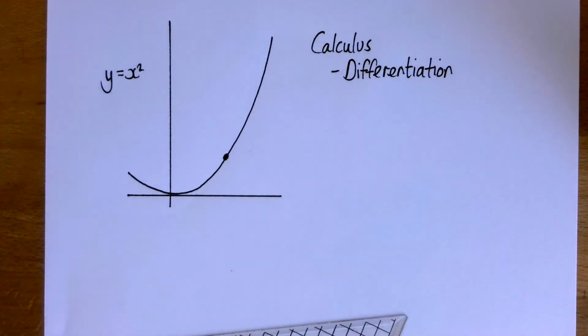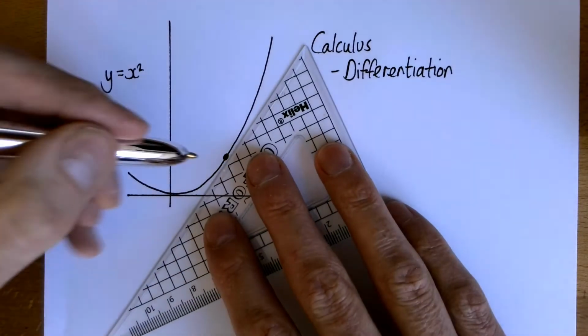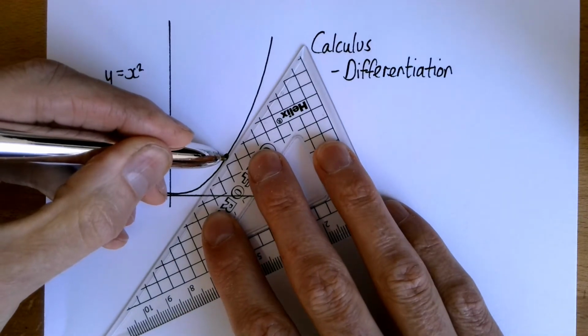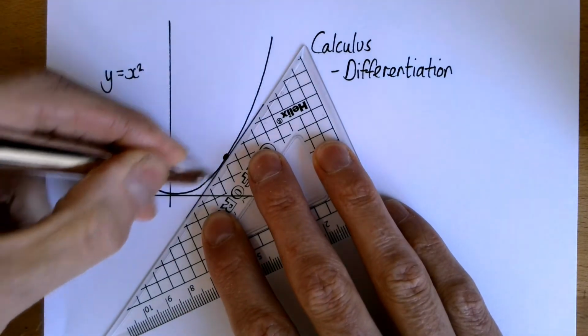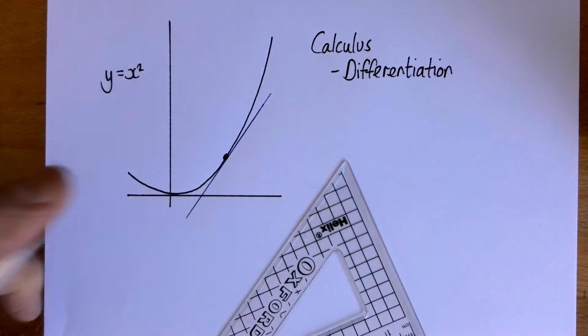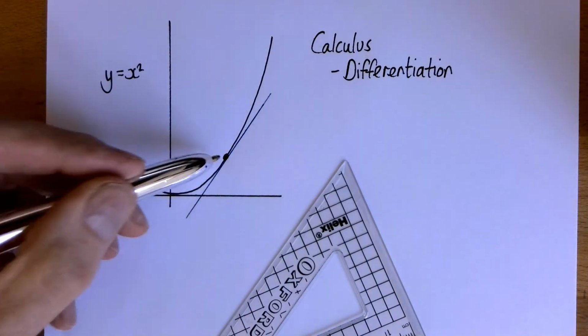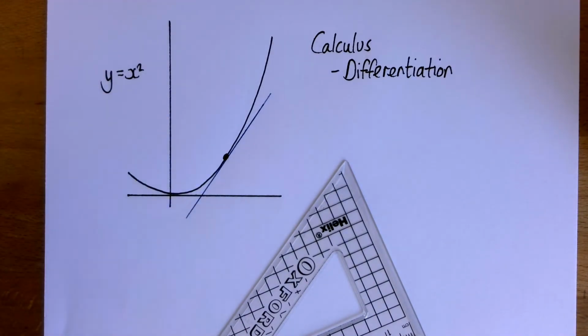And at GCSE, the only way we could estimate the gradient of a curve at a particular point, as you may recall from velocity time graphs, is to draw a tangent and work out the gradient of that tangent, and that was our estimate. But that's not a very scientific way of doing it.